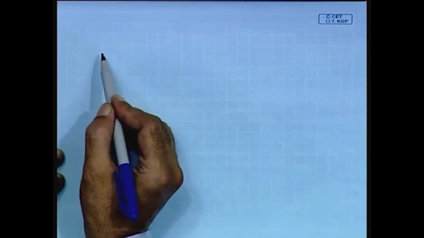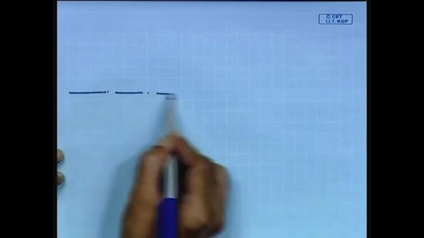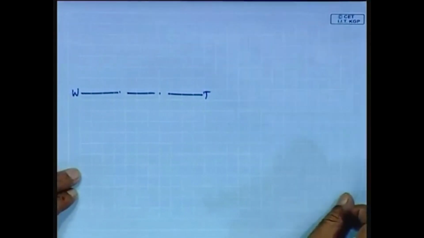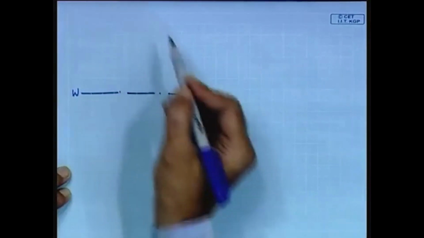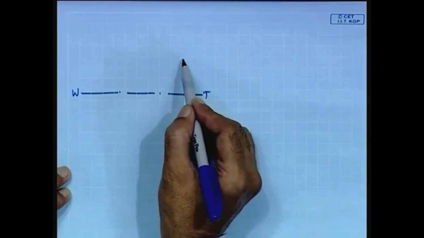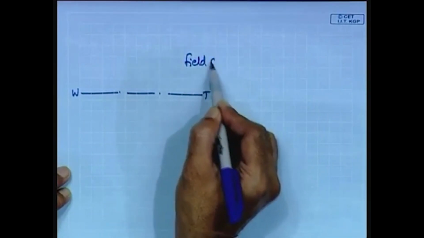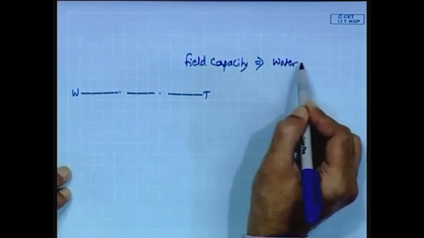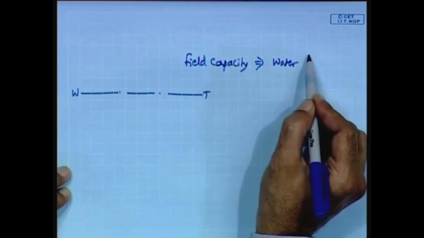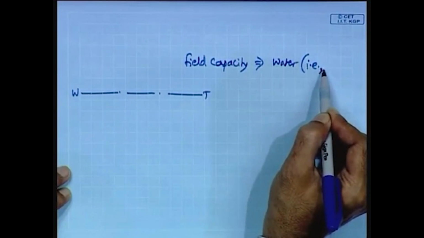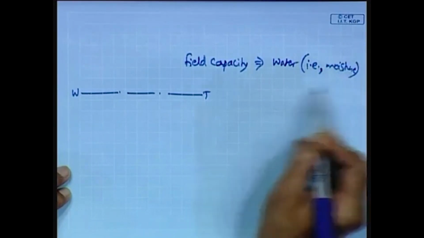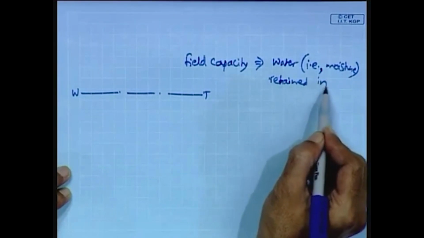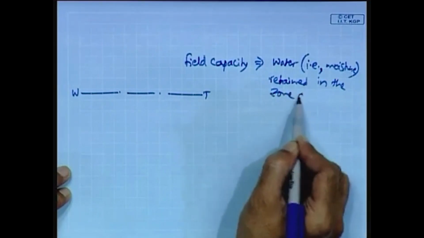And here, if I represent the water table, the water retained above the water table is known as the field capacity, that is, the moisture retained in the zone of aeration.